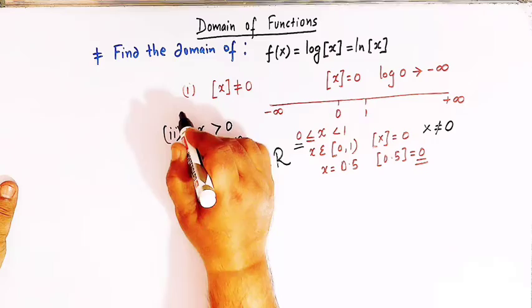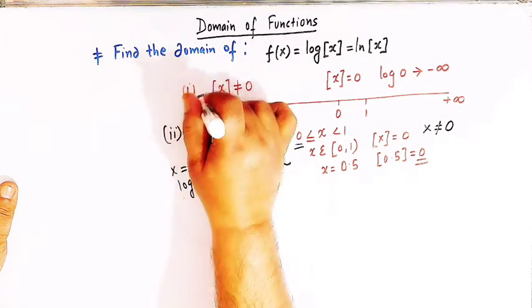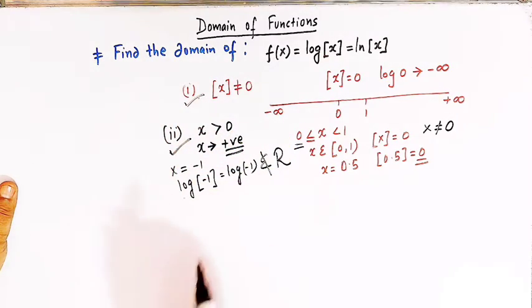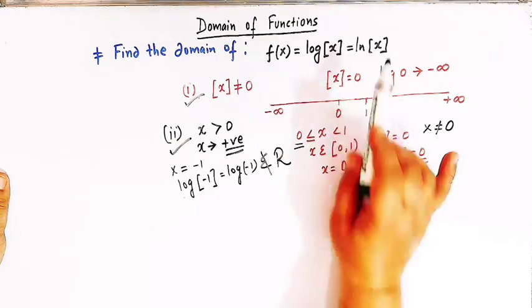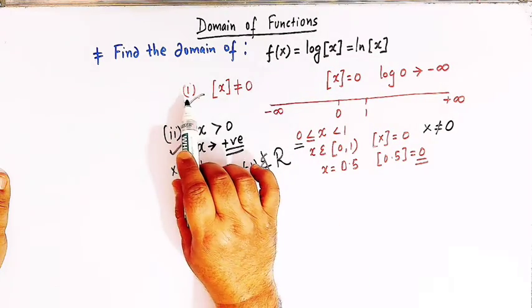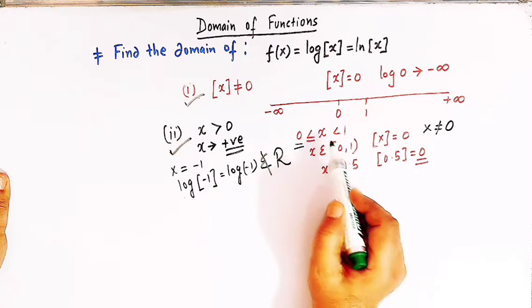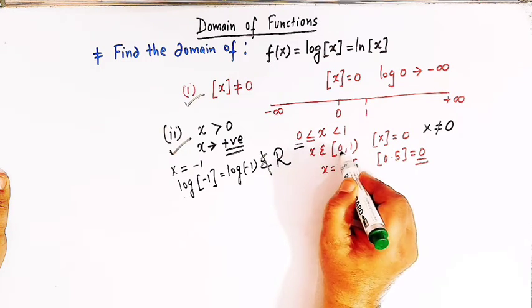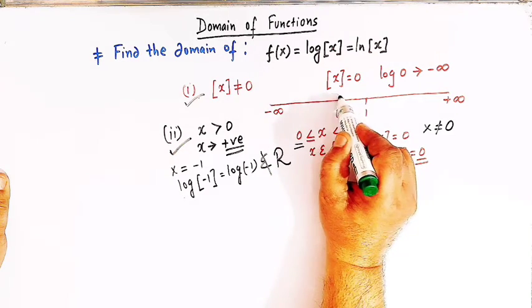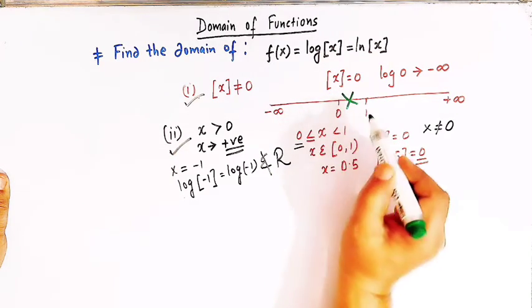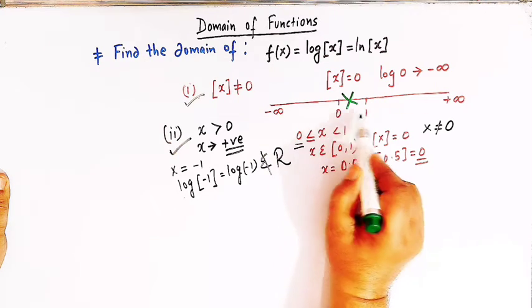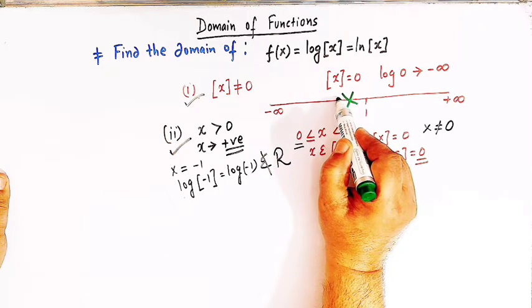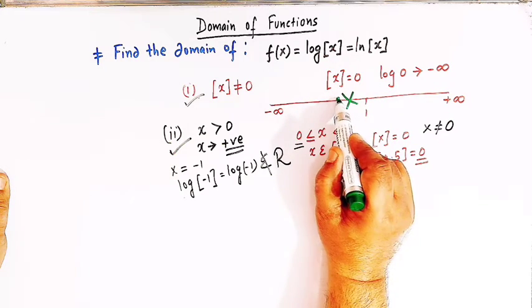So now using these two important points, we can easily arrive at the domain of the natural log of greatest integer of x, right? In the first case, we said that x should not belong to the interval 0 to 1, so we have to discard this interval, and x equal to 0 also we can eliminate.